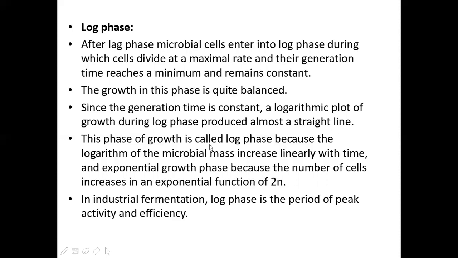This phase is called log phase because the logarithm of the microbial mass increases linearly with time, and exponential growth phase because the number of cells increases in an exponential function of 2 to the power of n. So the name is log phase, and exponential because the number of cells is increasing as 2 to the power of n.